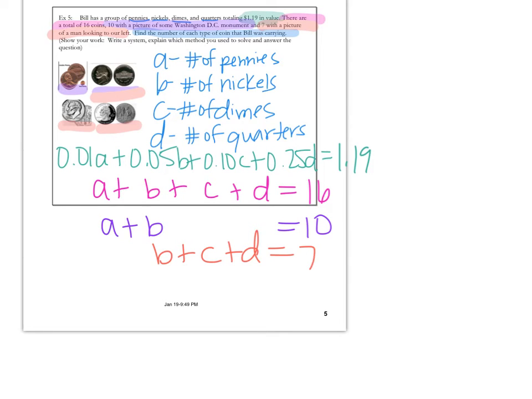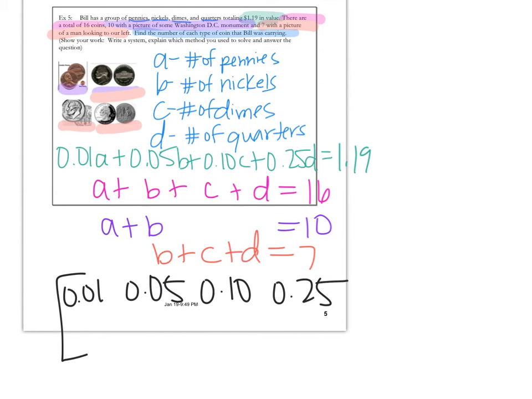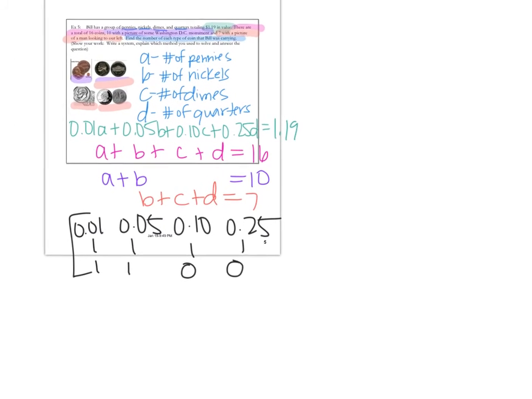So then from here, this now turns into a problem that you've been doing in your homework the last couple days, is you can set up an equation with this, or a matrix with this. 0.01, 0.05, 0.10, 0.25 is the first row. 1, 1, 1, 1 is the next row. 1, 1, and remember if there's nothing, you're going to put in zeros to fill the space.